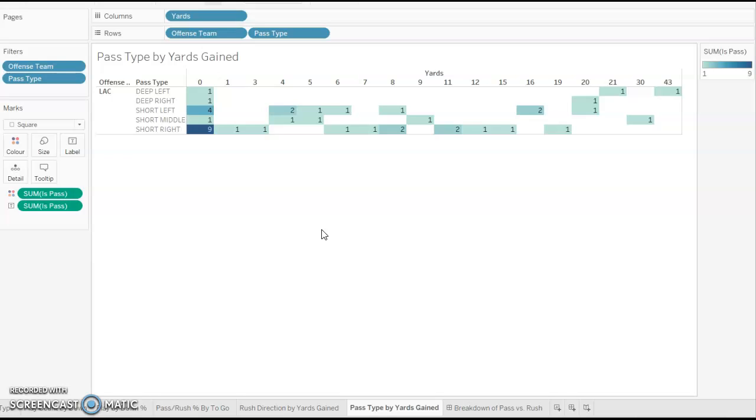Being able to see it for the passing at least was very informational, and being able to see different places where they're throwing the ball. It looks like they're throwing a lot of short passes. So maybe trying to adjust the defense to defend that short pass, rather than playing off and defending the long pass, would pay off for us.